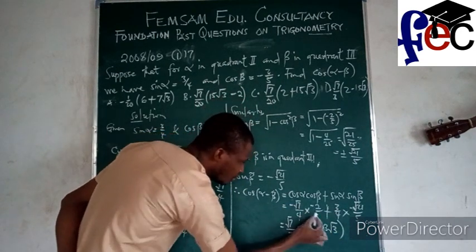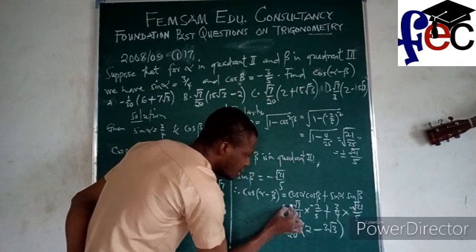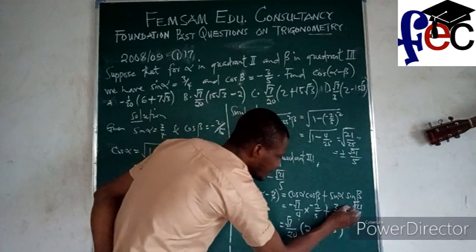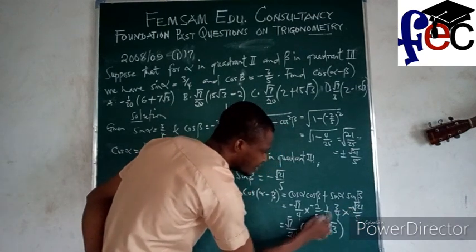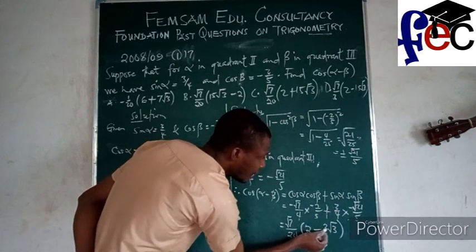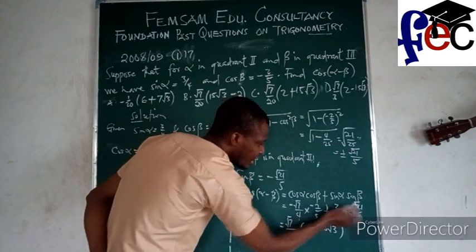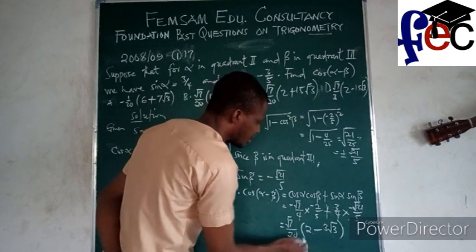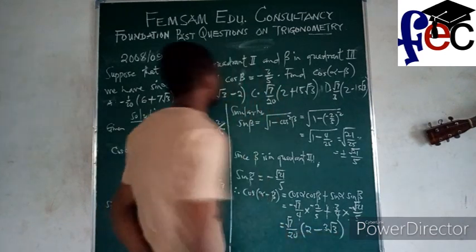Once I do that, the only thing that will be left here is 2. The negative sign here multiplied by this positive sign gives negative. See this 3 here, and the one that is remaining from here is root 3. So our result is root 7 over 20 into 2 minus 3 root 3.